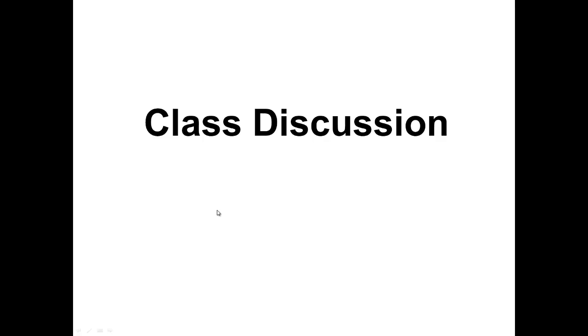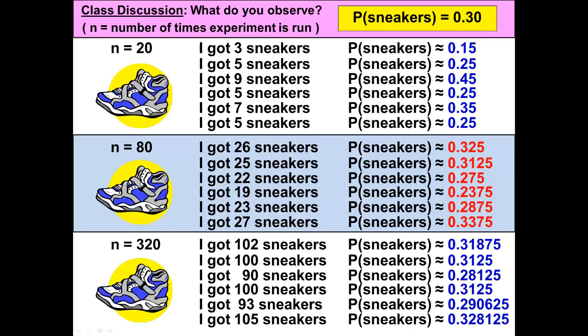Here are some results for when n equals 20, n equals 80, and n equals 320. Notice that as you look at this, as the number of experiments gets larger, the numbers begin to average out closer to the true probability of 0.30.